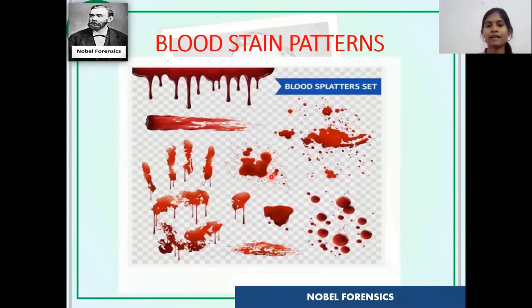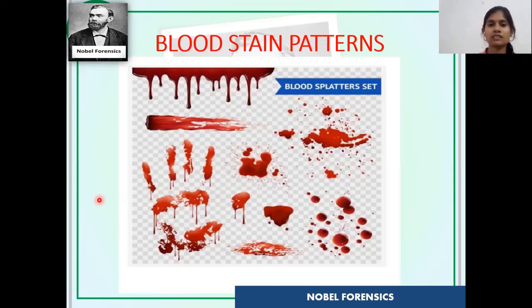These patterns or designs of blood stains will give some information related to the crime. Whenever there are blood stains at the crime scene, not only the blood, but whatever the design or pattern of the blood stain will also give some information related to the crime scene. So they will help to reconstruct the crime scene events.